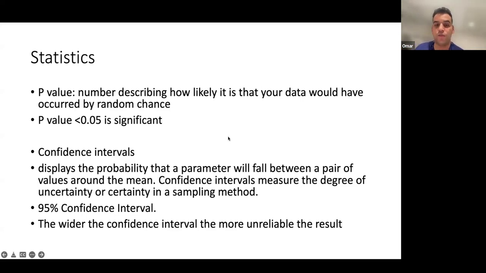A confidence interval displays the probability that a parameter will fall between a pair of values around the mean. So it is essentially a measure of uncertainty or certainty in a sampling method. Now, the wider the confidence interval, the more unreliable the result. This is absolutely key. You have to look at the confidence interval. The worst thing that an FRCS candidate or an academic can do is interpret p-values.